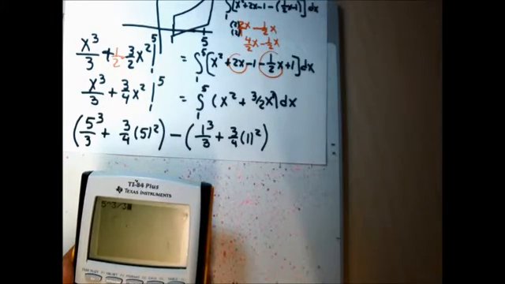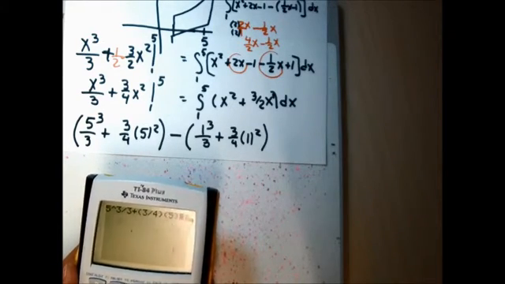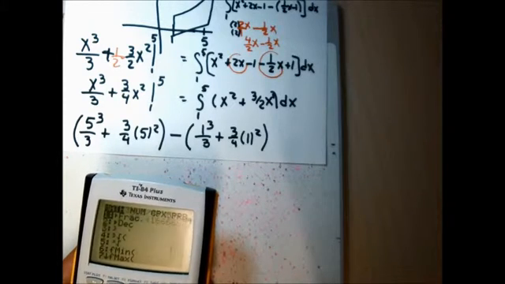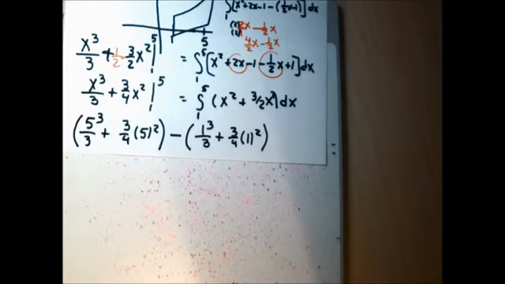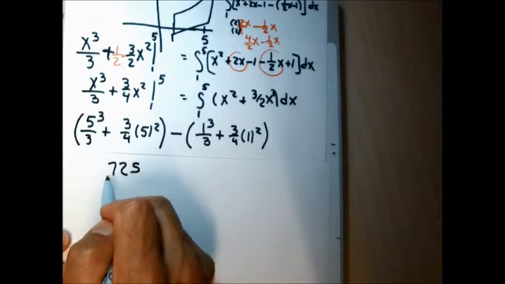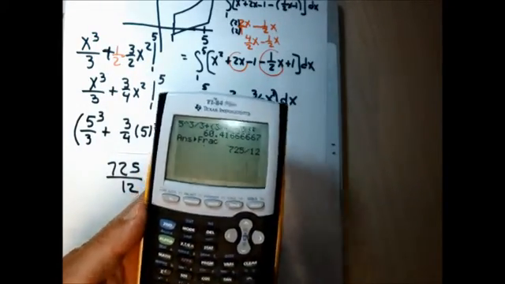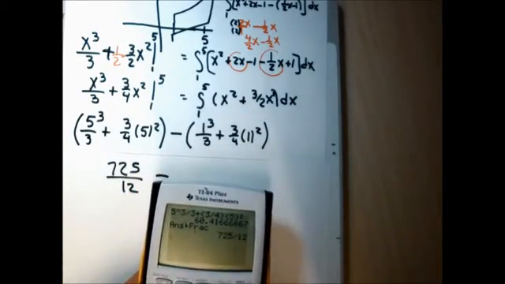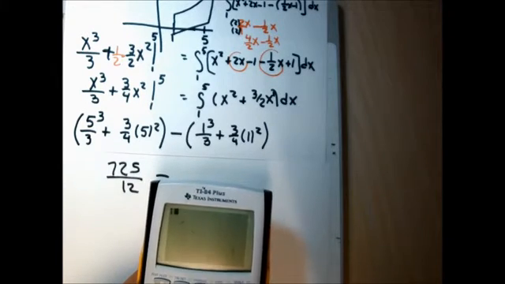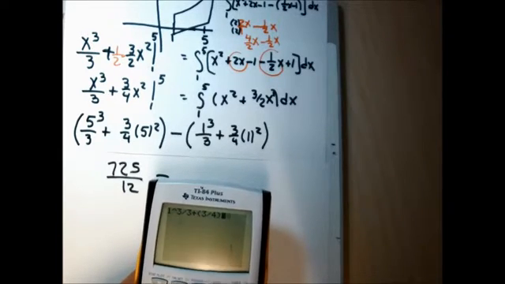So there's my 5 cubed over 3 plus 3/4 times 5 squared, and math, enter, enter. That gives me 725 over 12 for the first half of this. And then the second half, I'm going to do clear, 1 up arrow 3 divided by 3 plus 3 divided by 4 times 1 squared.